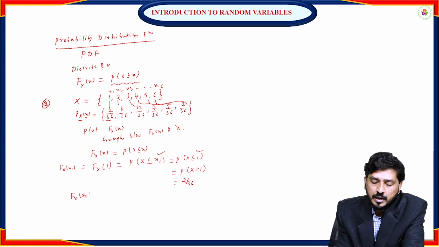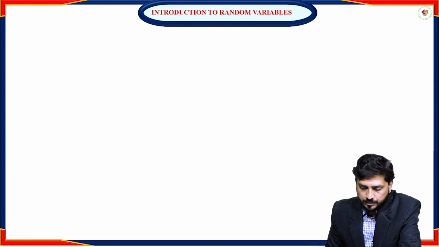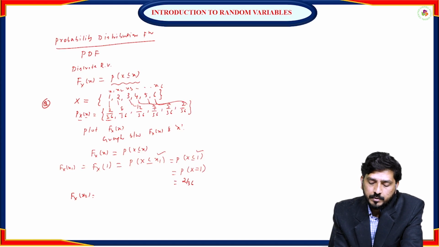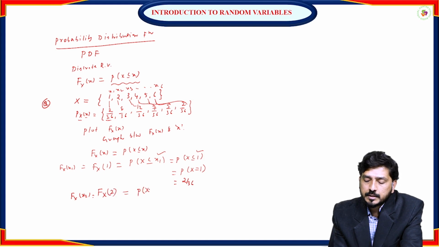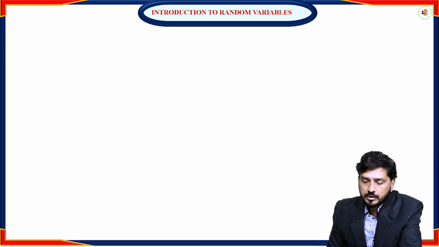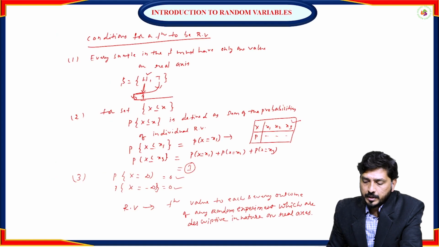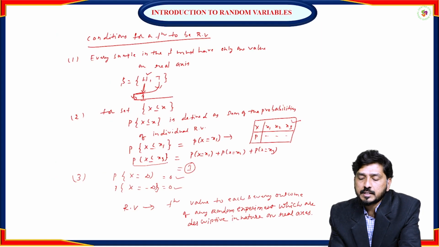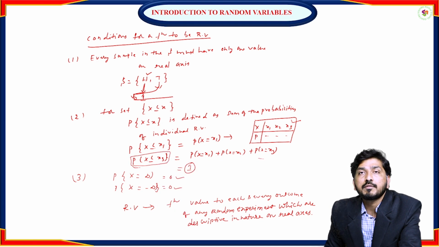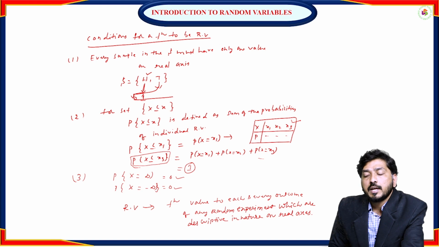Now the distribution function for the second element is F_X of 2, which is equal to probability X less than or equal to x2. As I mentioned earlier, the probability X less than or equal to x3 is a sum of probabilities; this is one of the conditions for a function to be a random variable.